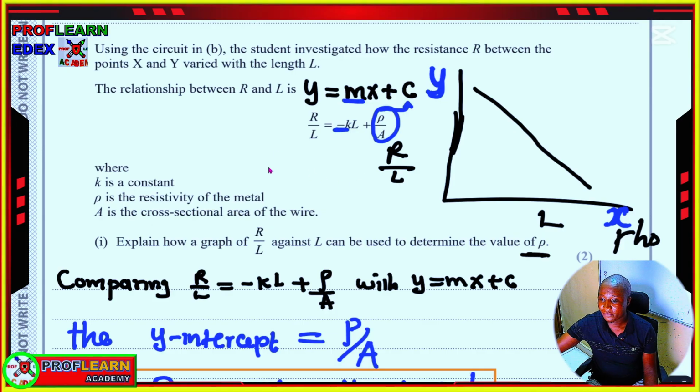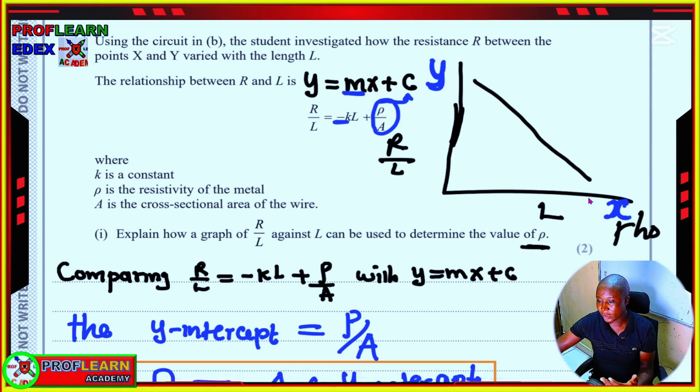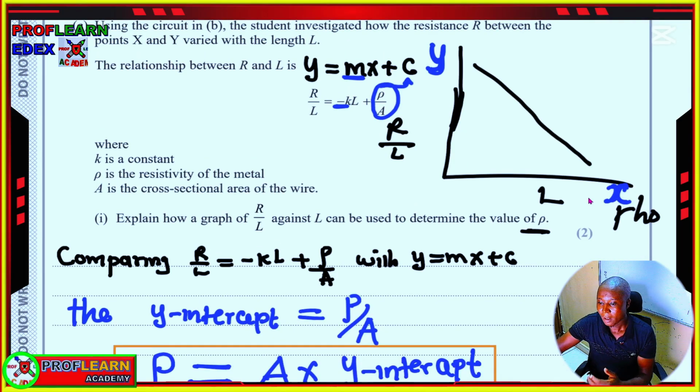Now, remember the graph that was plotted is a graph of R over L against L. So on the y-axis we have R over L, and on the x-axis we have L. Since this is a negative sign, the graph will be sloping down to the right. If you compare this with the graph of a straight line, y equals mx plus c, we can identify that negative k corresponds to the gradient.